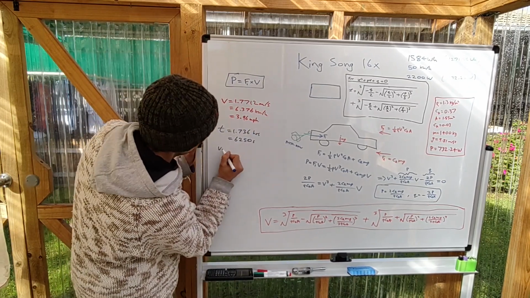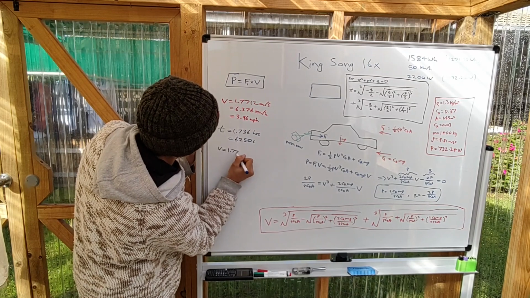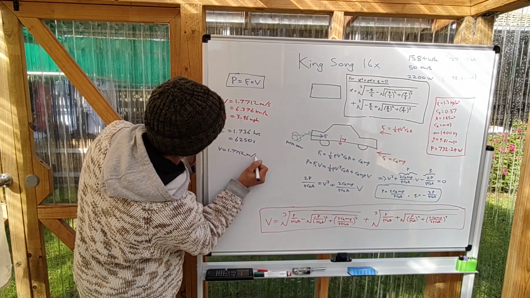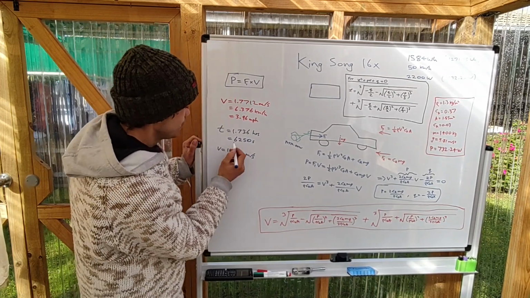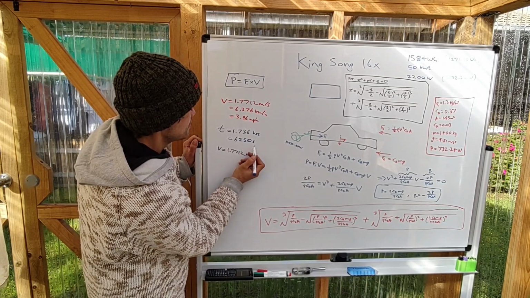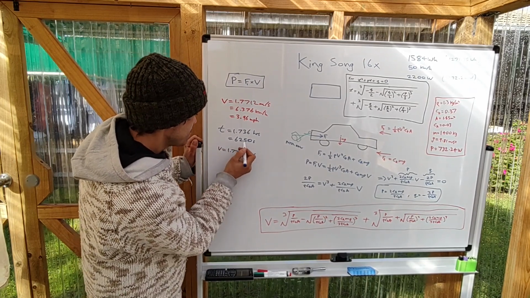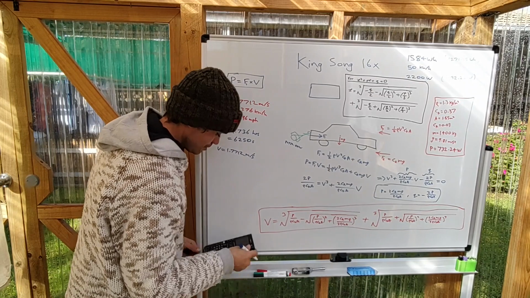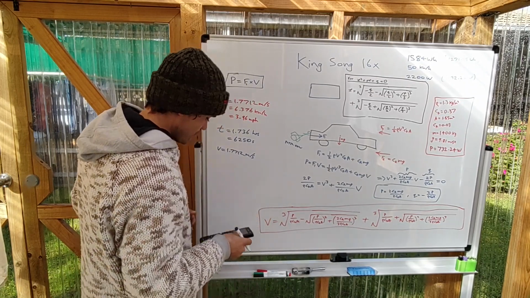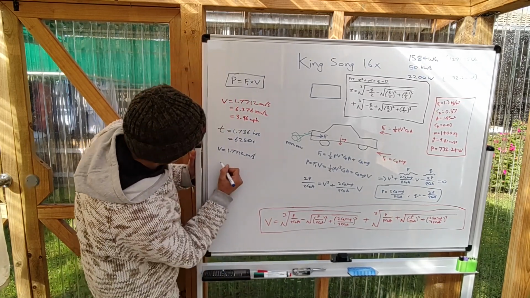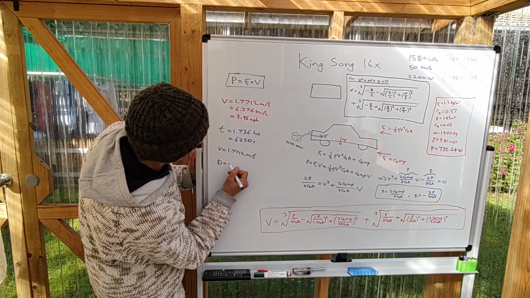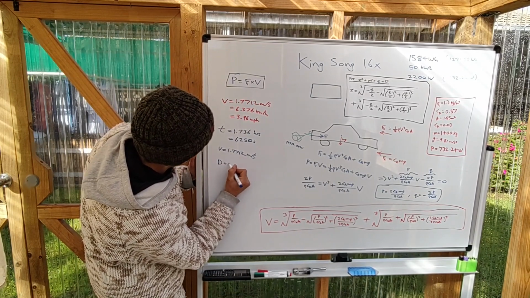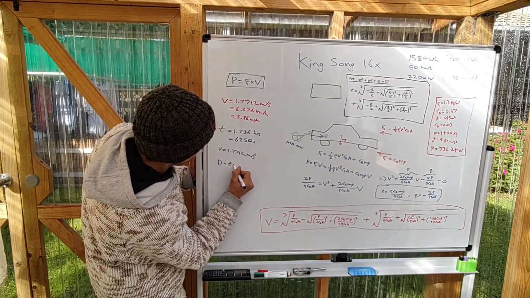So our velocity equals 1.7712 meters per second. And we're going to do it for that many seconds. So how far are we going to go? You just multiply that by that. So 11,070. So distance equals time multiplied by velocity.